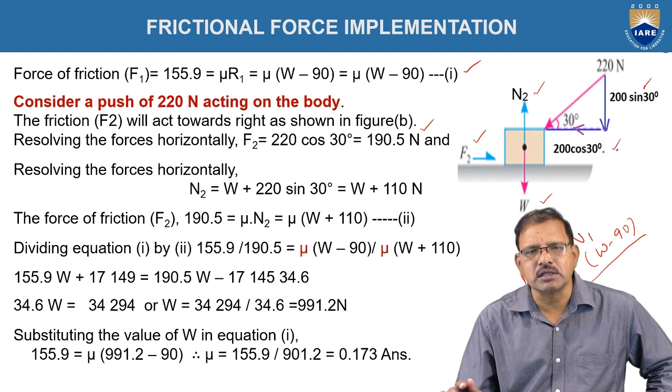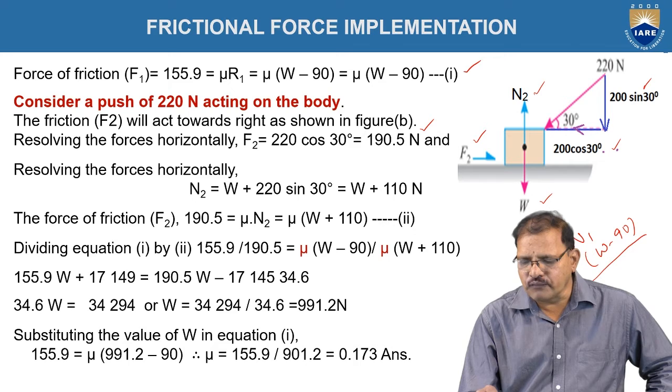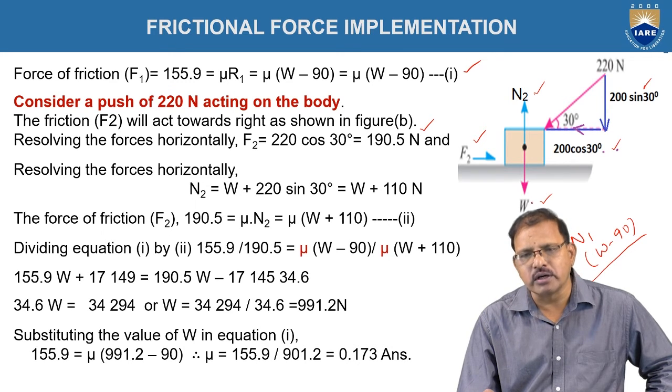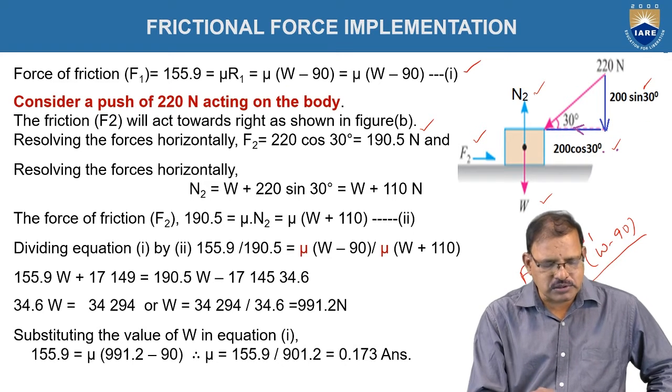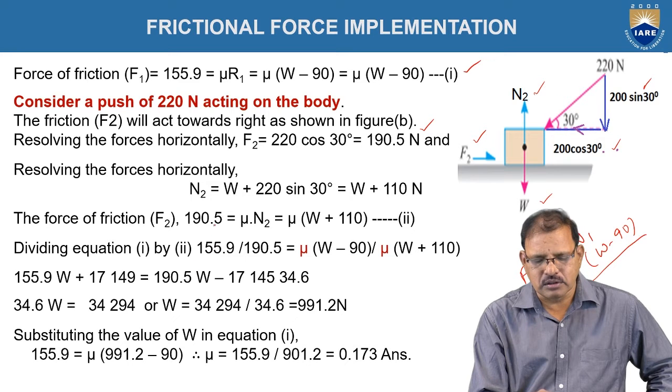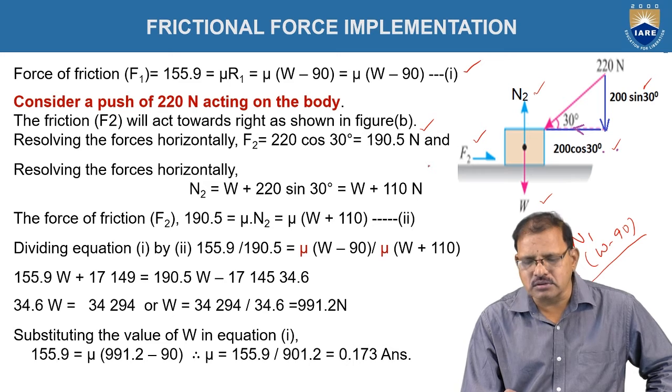Similarly, when the forces are resolved vertically, the upward force N2 is positive, W acting downward is negative, and 220 sin 30 also acting downward is negative. From this relationship, N2 is equal to W plus 220 sin 30, which is equal to W plus 110, since sin 30 is equal to 0.5.